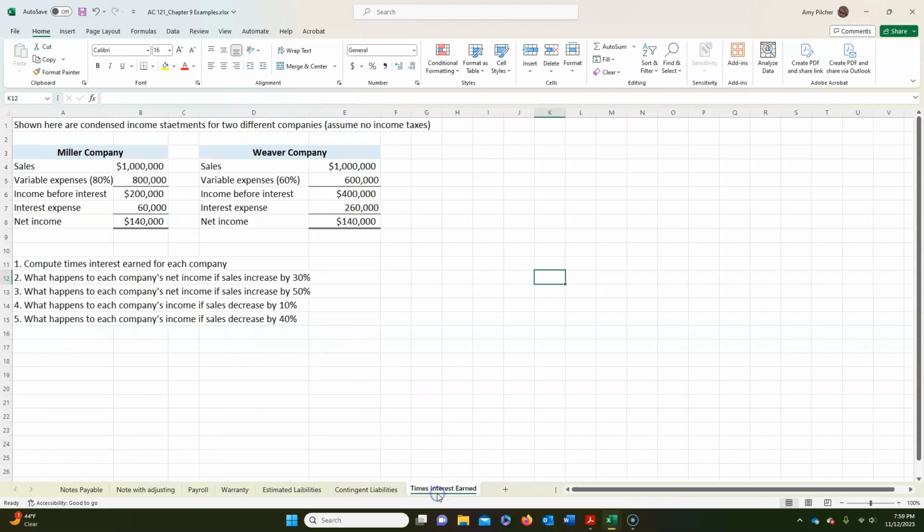Our last example is times interest earned. Times interest earned is a calculation that banks or creditors often look at before they loan money out, to make sure that people can pay their debt. The calculation for times interest earned is income before interest and taxes divided by interest expense.